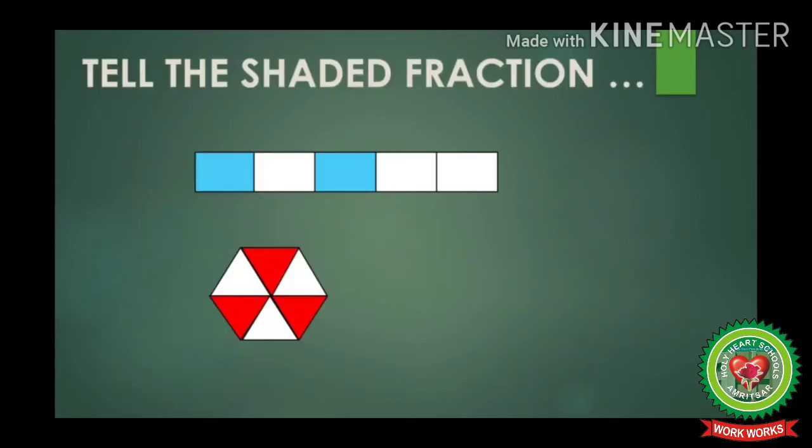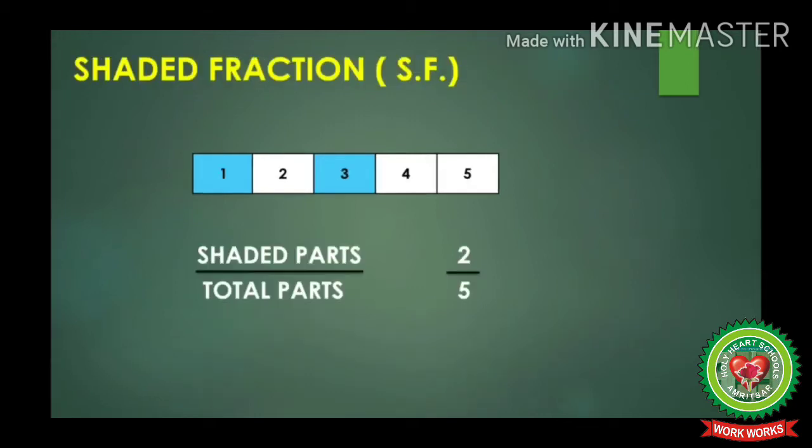Tell the shaded fraction. Now you have to tell. In the first figure we have 5 boxes, 2 are shaded, and in the second figure we have 6 triangles in which 3 are shaded. Now the first figure we will observe. Count the boxes. 1, 2, 3, 4, 5. So as we know, shaded parts upon total parts will make the fraction.